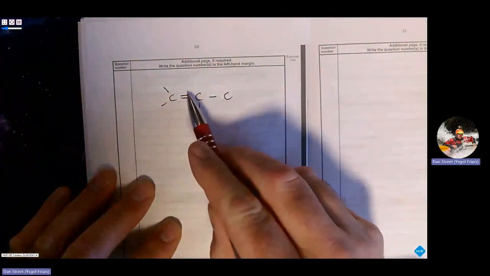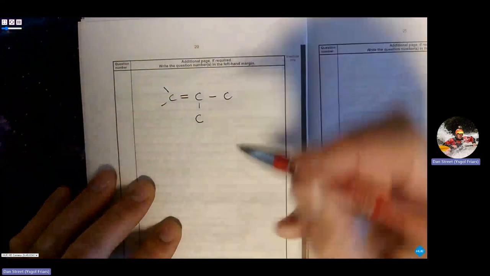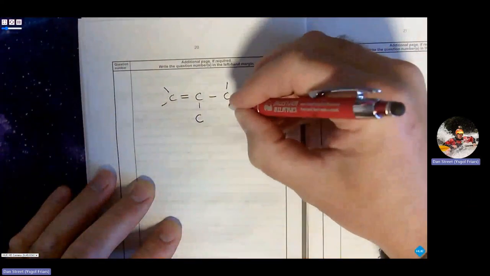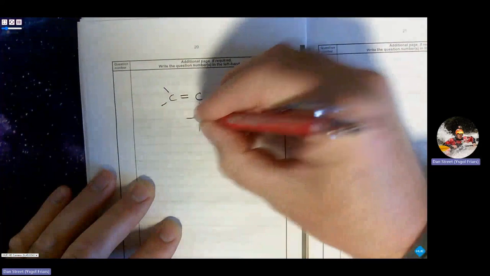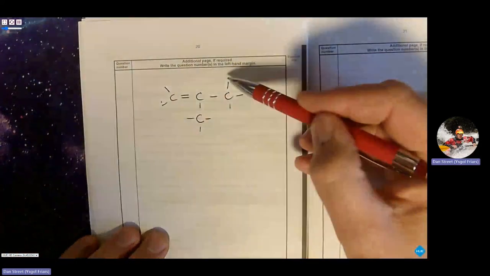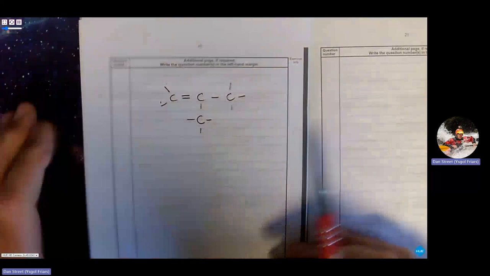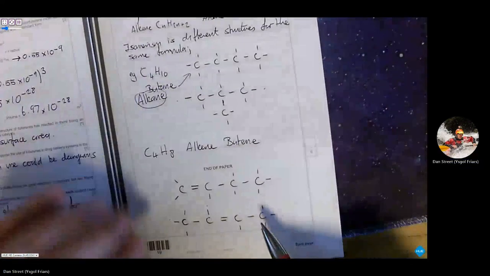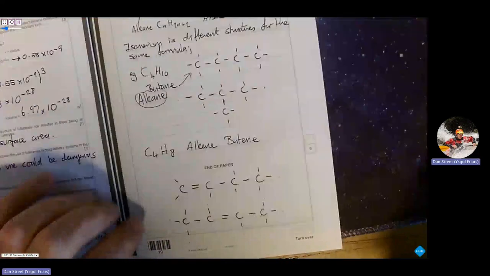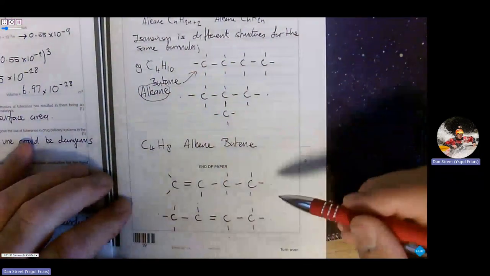So this carbon has already got its 4 bonds, we don't need the hydrogen on that one, and then we'll add the additional bonds on here. So we've got 4 carbons, and then we've got 1, 2, 3, 4, 5, 6, 7, 8 hydrogens. Okay, so that is a third isomer of the butene.